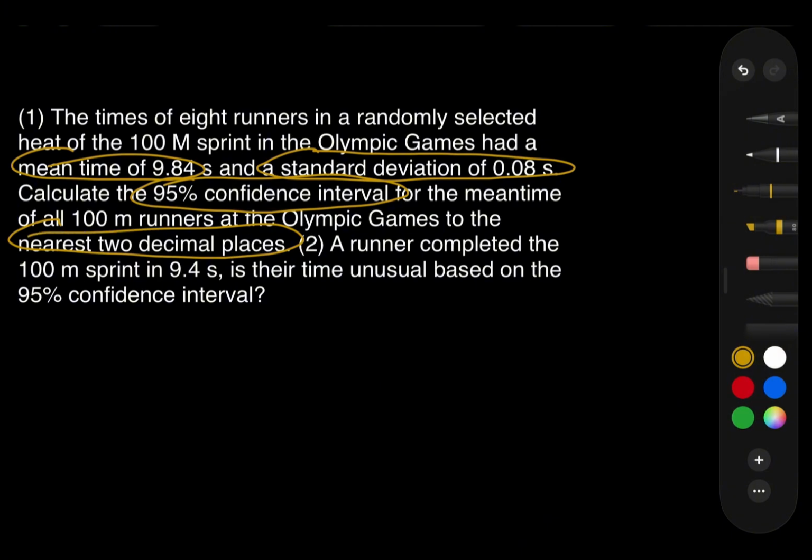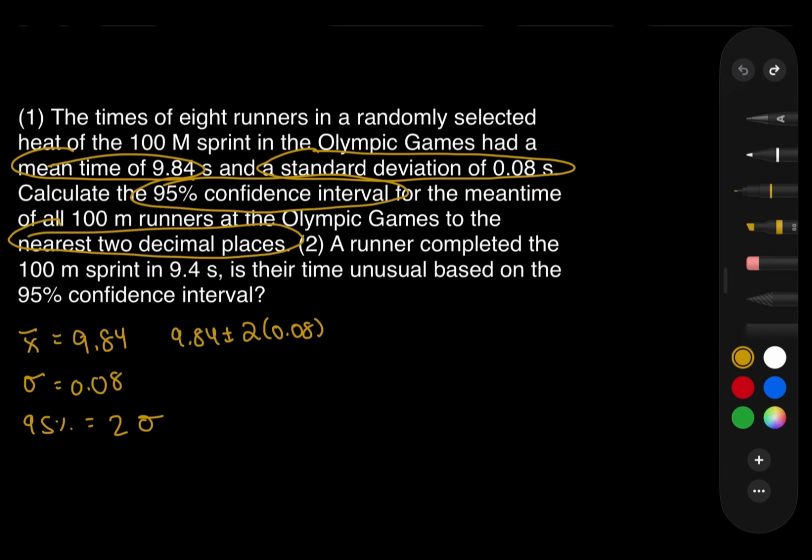So it tells us that our mean is 9.84 and our standard deviation is 0.08. So we're going to do the same exact thing. Since it's asking for 95%, that is 2 standard deviations. So we're going to be doing 9.84 plus minus double our regular standard deviation to find our 95% confidence interval.